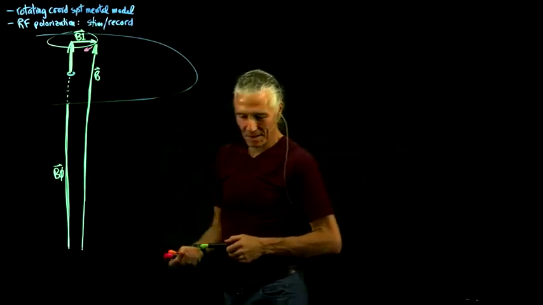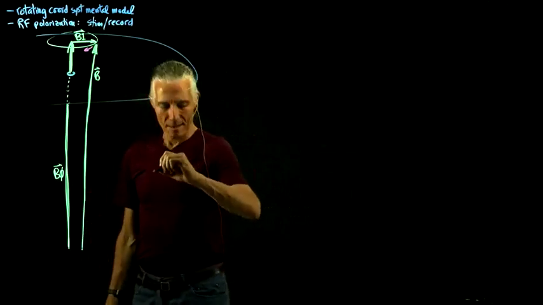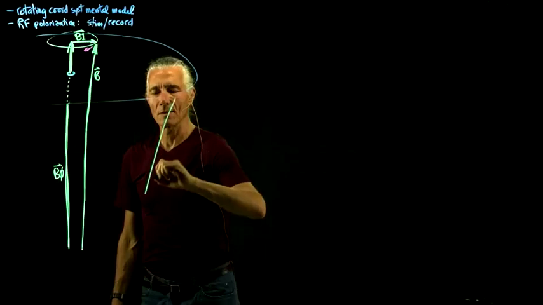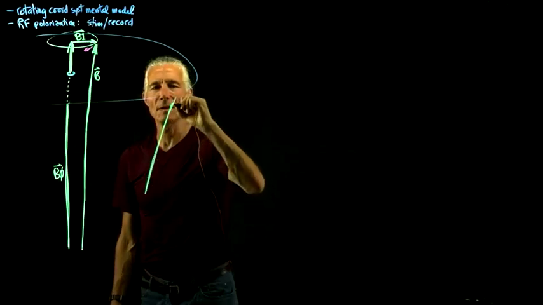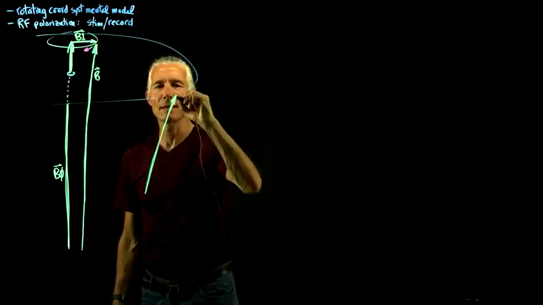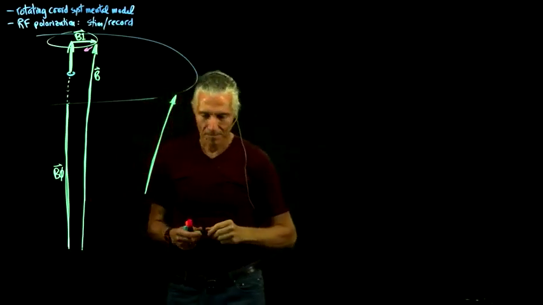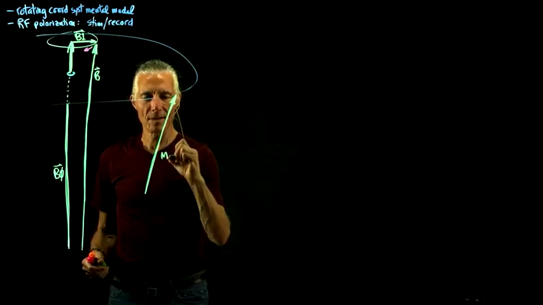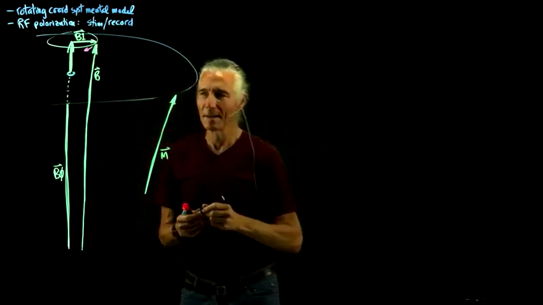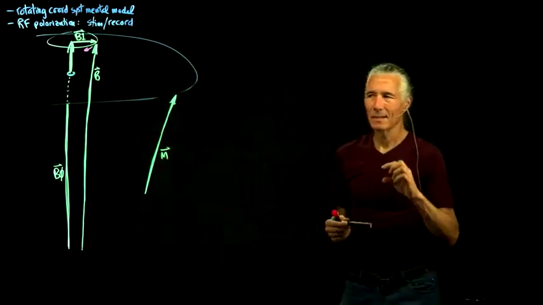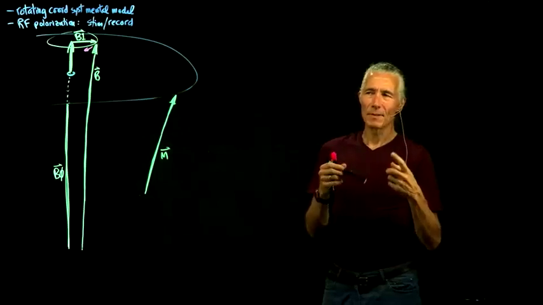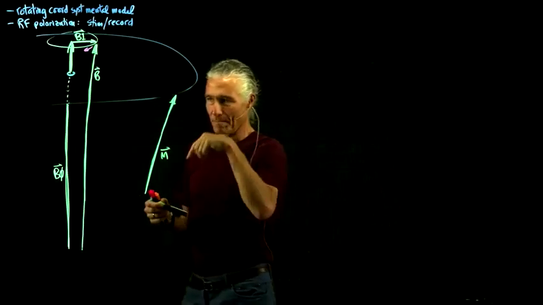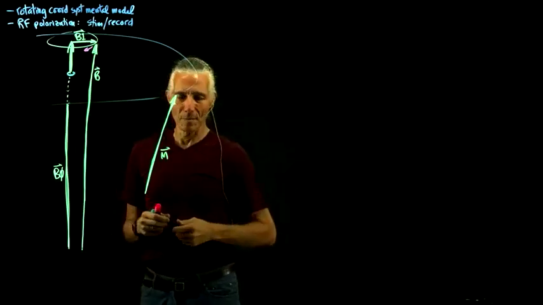And then we have our M vector, which is also a lot smaller than the B vector, but I'm just drawing it here as if it was big. So that guy is the M vector, and that's the local magnetization that's coming from the alignment of the precessing protons in the little chunk of the brain.